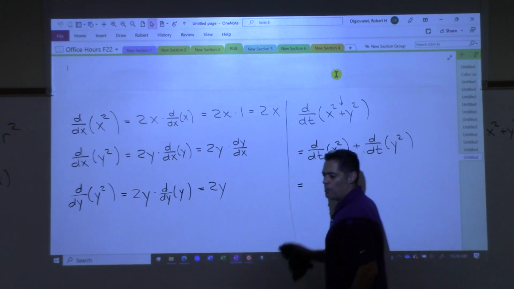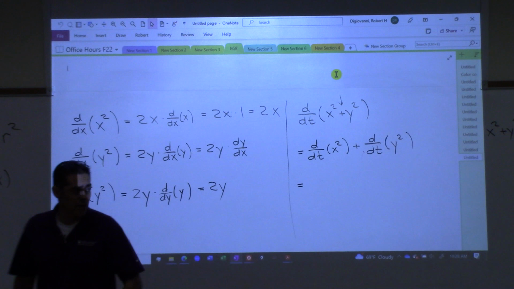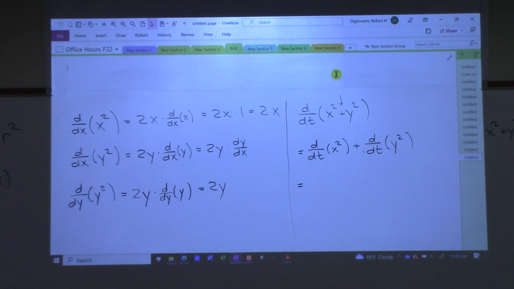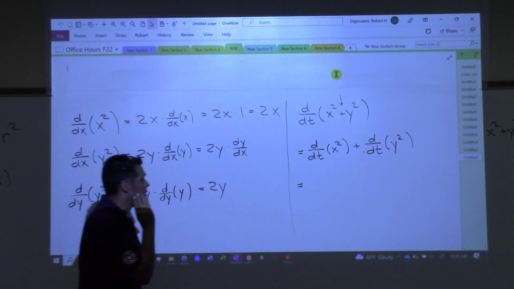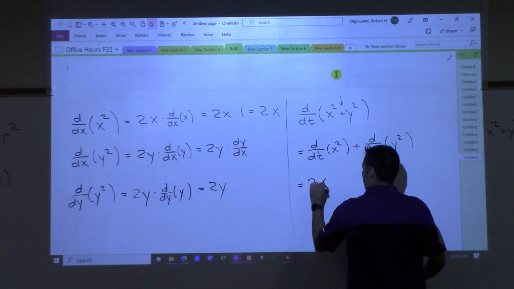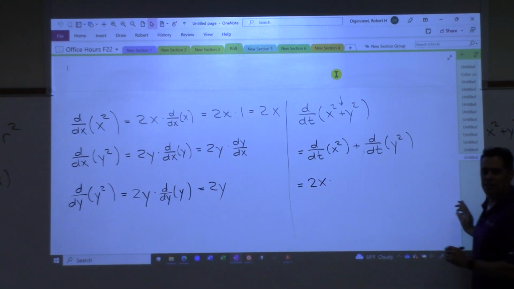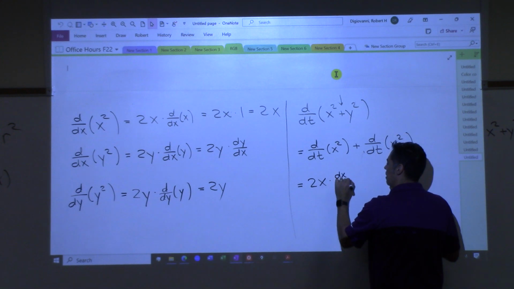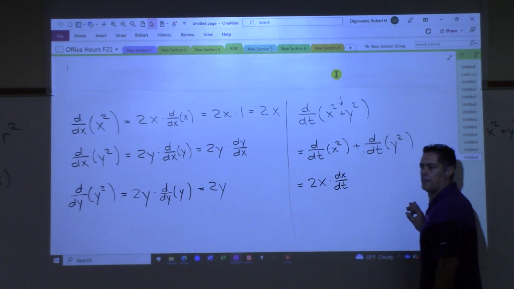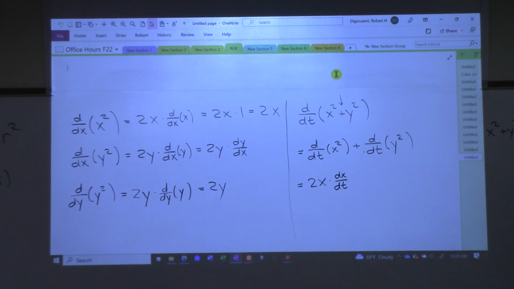All right, someone want to go for it and tell me what that first one should turn into? What's the derivative of x squared with respect to t? Go ahead. 2x, that part I agree with, times dx dt. There you go, dx dt. That doesn't turn into 1.